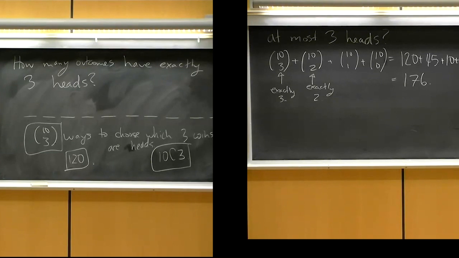Any questions about what just happened? I kind of went through that a bit fast. Right, so this is all outcomes minus the outcomes with exactly 2 heads, exactly 1 head, or exactly 0 heads.